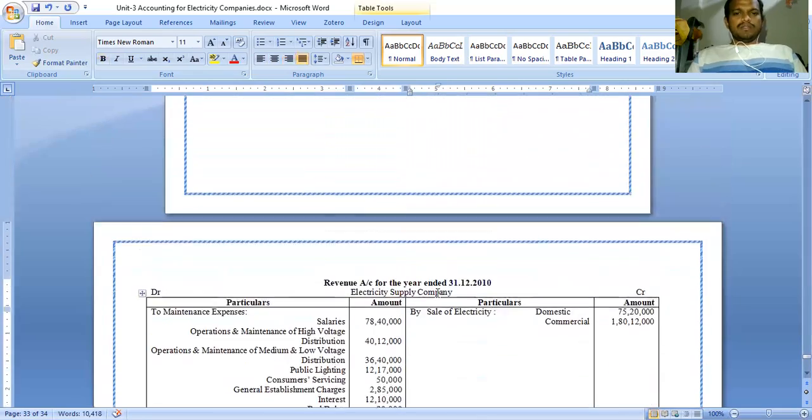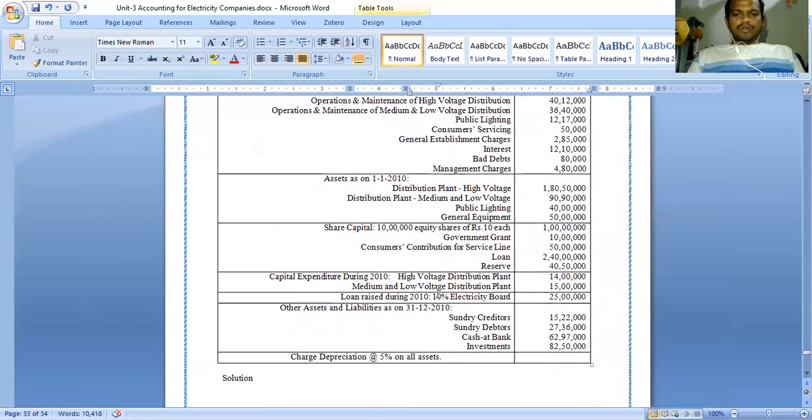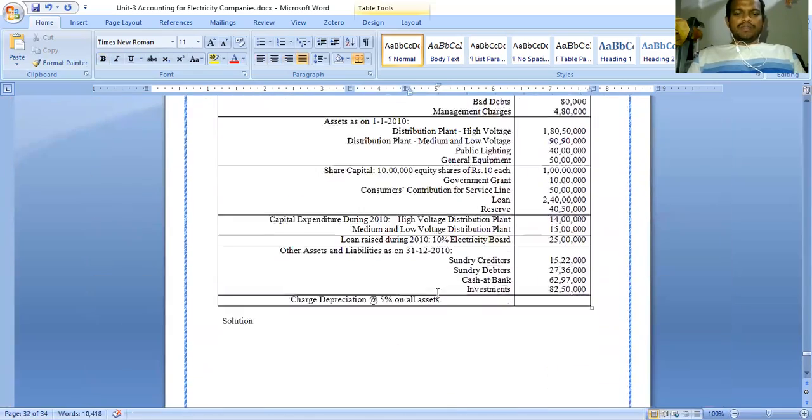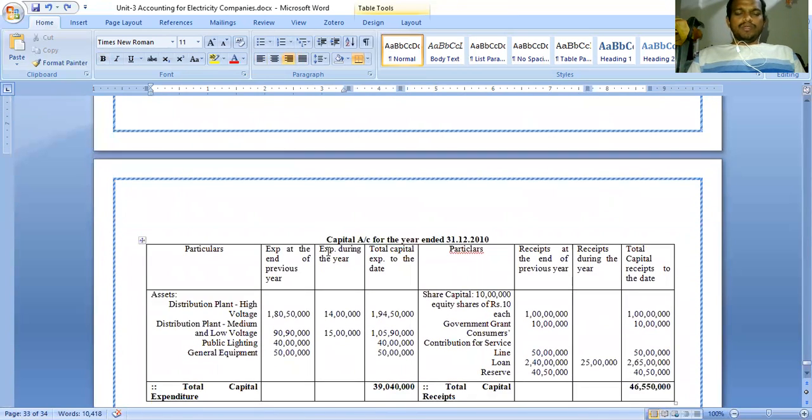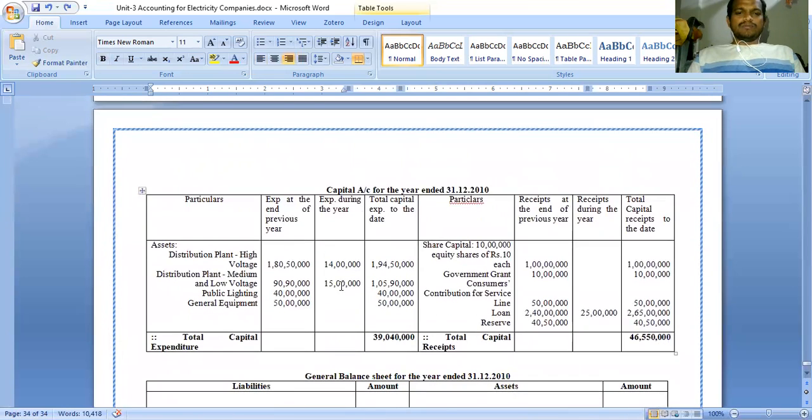See, in the given illustration, we do not have any transaction relating to the net revenue account, in the sense appropriation amounts. So we'll just directly move on to the capital account.